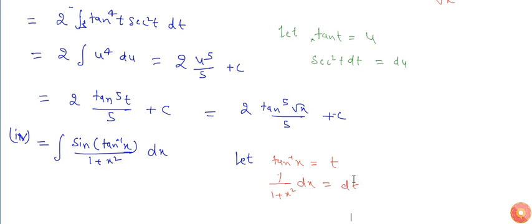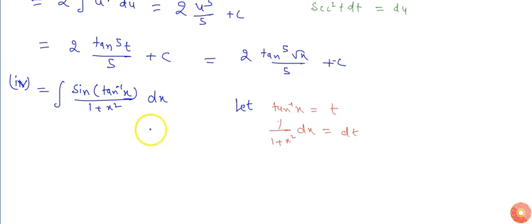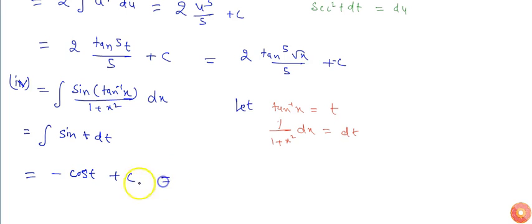So by putting the value of t and dt in the question, it will be transformed into sin t dt, and integration of sin t dt is minus of cos t plus c. So just put the value of t in the expression: minus cos tan inverse x plus c. This is our final answer.